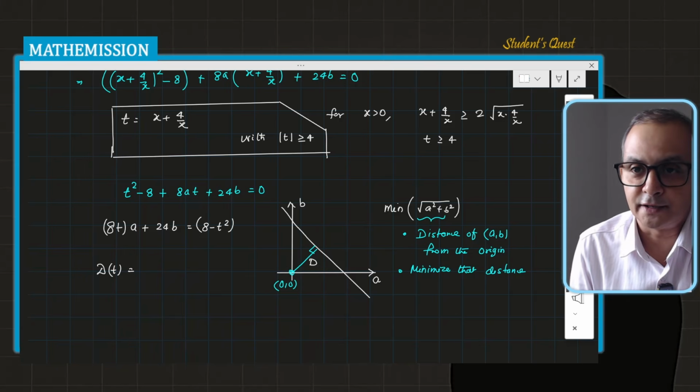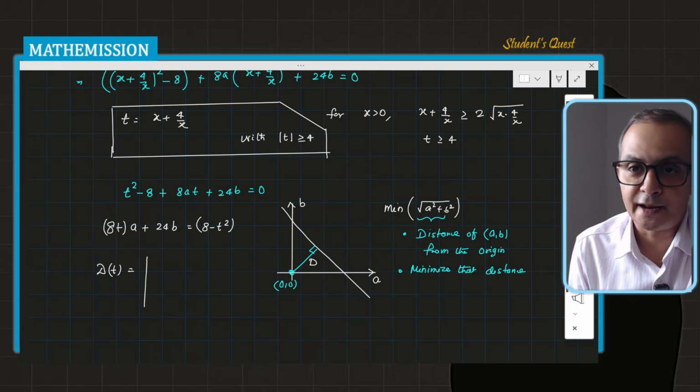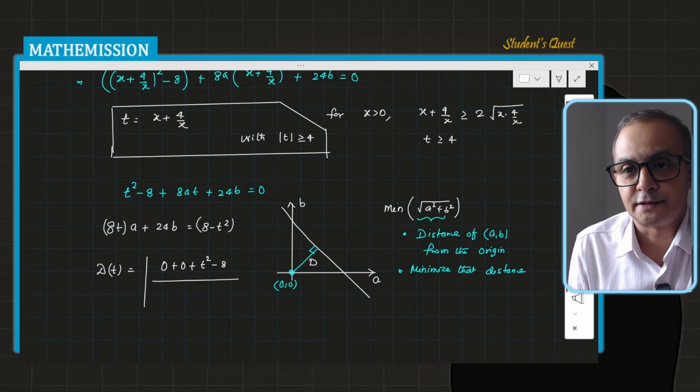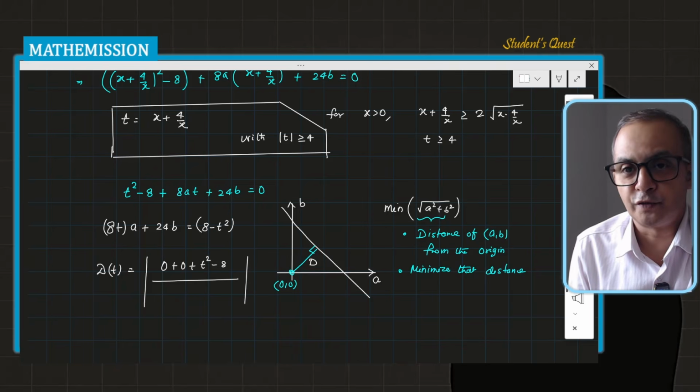So we write the distance from the origin. At the place of a and b, I'm going to substitute 0 and 0. So that's going to be 0 plus 0, and this will give you t squared minus 8, divided by the coefficients of a and b. So that is going to give us 64t squared plus 24 squared.